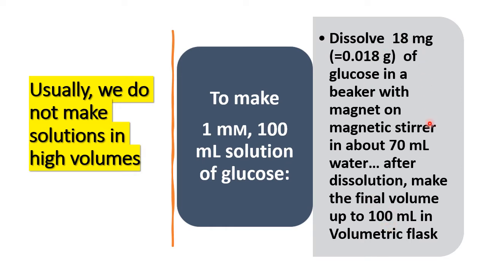So here what we have changed is from gram to milligram. As I mentioned earlier, to make millimolar solutions, you take milligrams rather than gram. So it will be a 1 millimolar solution.